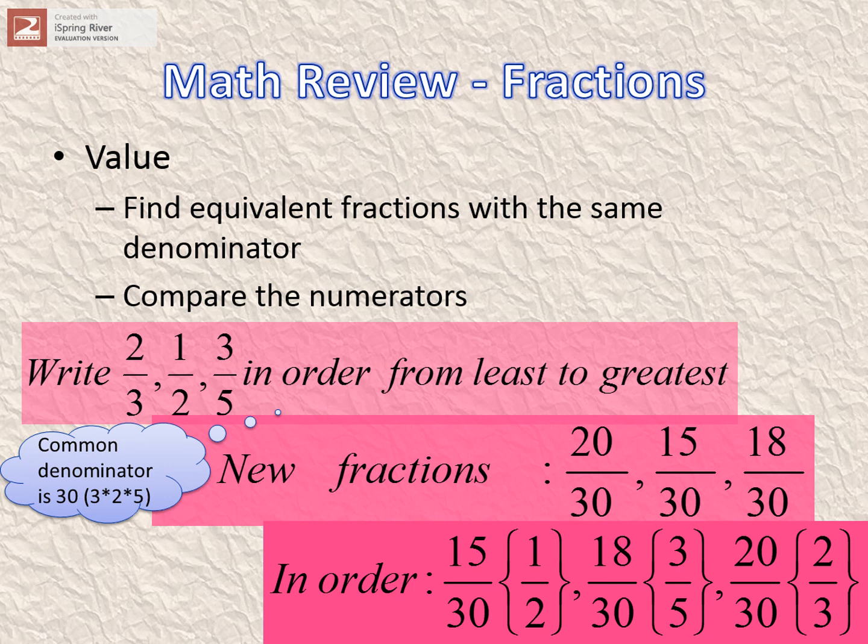The next one is the 18, and the next one is the 20. 15/30, 18/30, 20/30. So we can now say that 1/2 is the smallest, followed by the 3/5, followed by the 2/3.